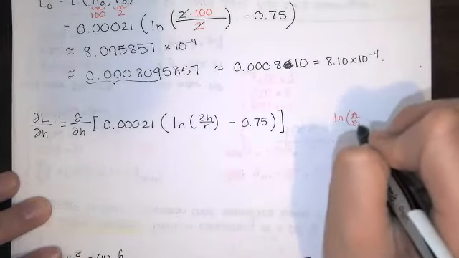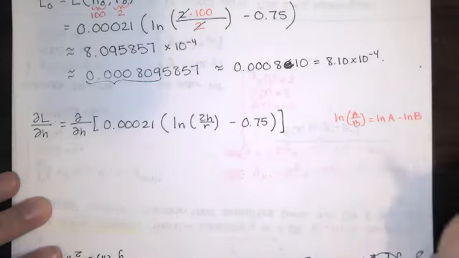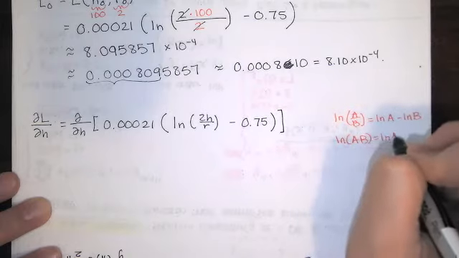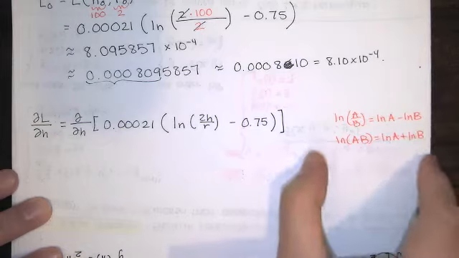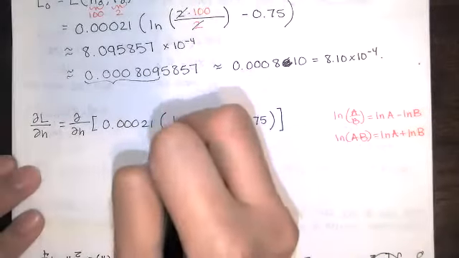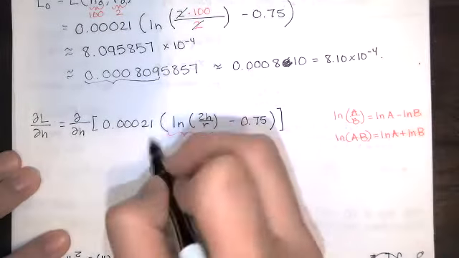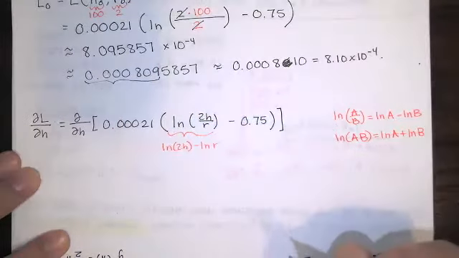Remember that log of a quotient is log of the numerator minus log of the denominator. And log of a product is log of the first factor plus log of the second factor. With both of those identities, even before I take the partial derivative, I can rewrite this way. Natural log of the quotient is natural log of the numerator minus natural log of the denominator.